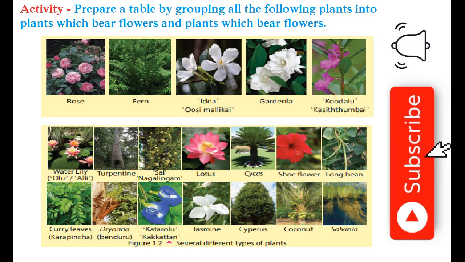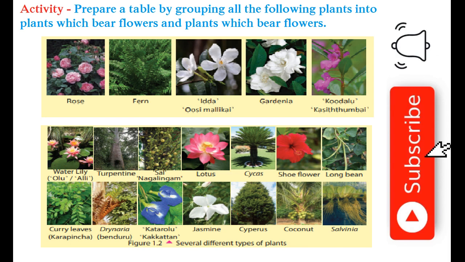So look at these pictures, children. We have some plants here. What we have to do is study these plants and group them in a table according to presence or absence of flowers.